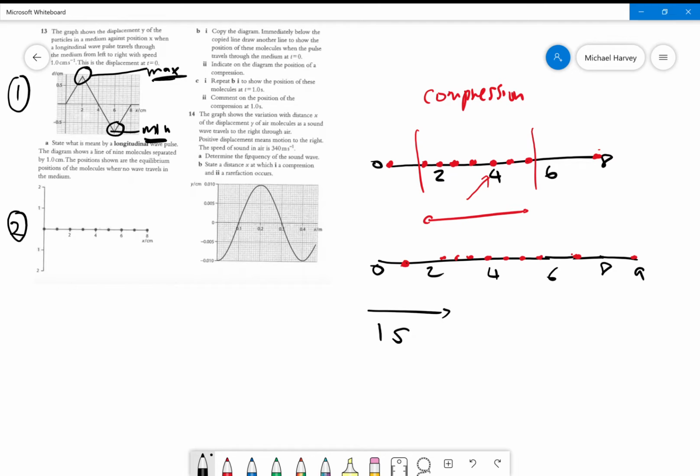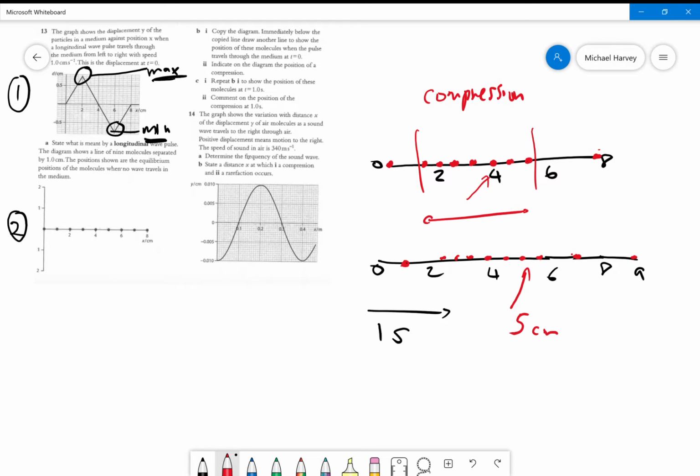So the points that were at 0 are now at 1. And now the compression, instead of being at 4, has moved along to being at 5 centimeters, because the whole compression has moved on by 1 centimeter every second. So that's the answer for 13C I and II.